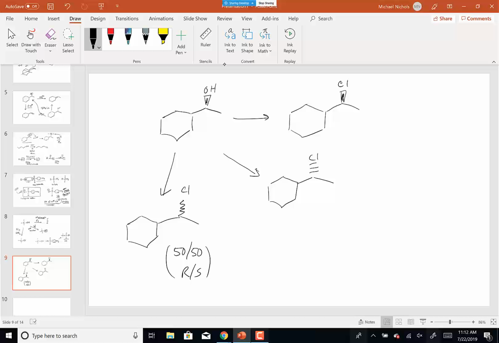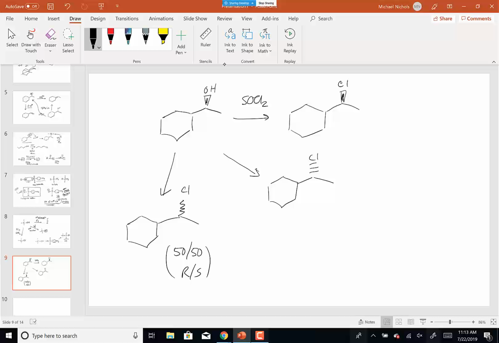So if you're going to turn that OH group into a chloride, it would be helpful if we had a way to control the stereochemistry so that I could turn that OH into either invert, retain the configuration, or make it 50-50. Now the SOCl2 retains the configuration.